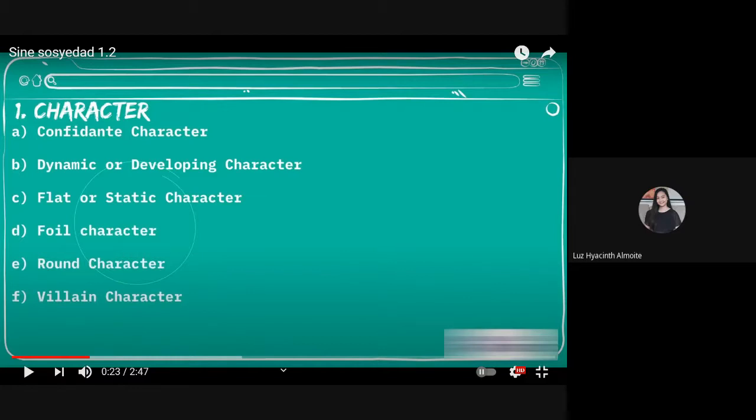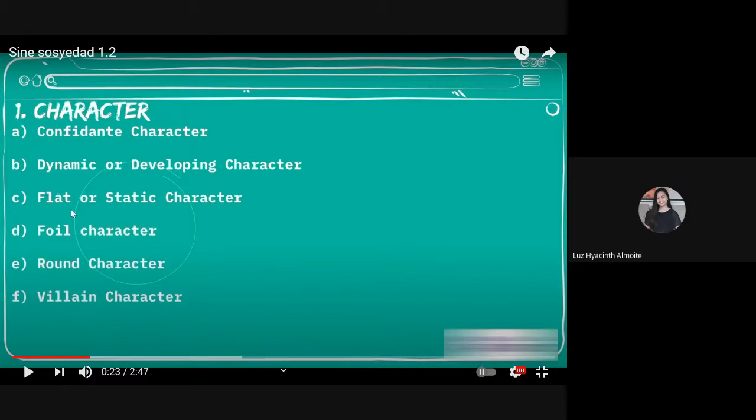For example, nung una itong character na to, it is friend or pro to protagonist, but in the middle of the story or in the middle of the film, there are problems that all of the characters have faced. So nagbago yung character na yon. Bumaliktad siya. It became an antagonist in the middle of the story. So nagbabago is developing character.